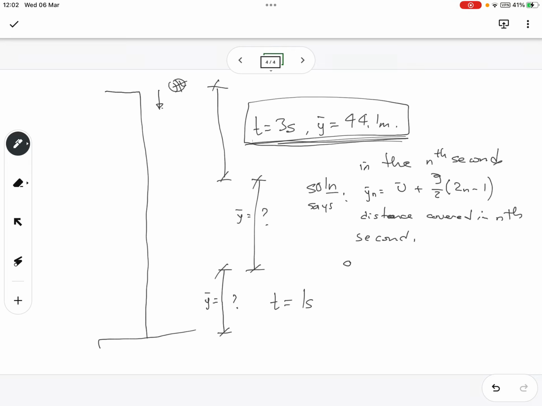We've got our first second, it's 1 second. T2 is 2 seconds. So it's a plus 1. T3 is a plus 1 plus 1, right?